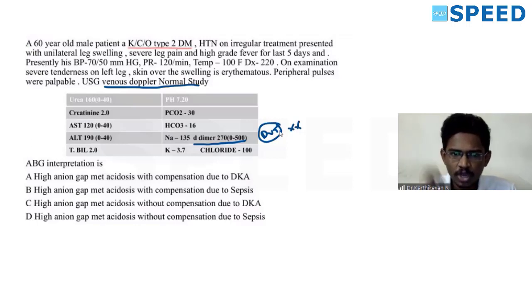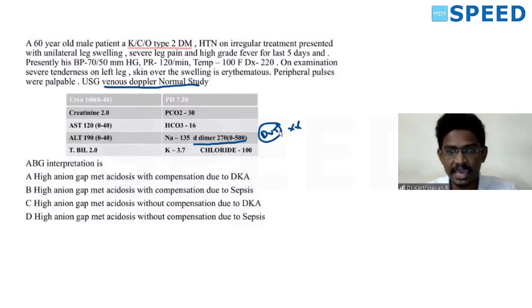If you closely watch these options, they say the disorder is either due to DKA or due to sepsis. But if you closely watch his dextrose, it's just 220, so diabetic ketoacidosis is more unlikely in this situation.